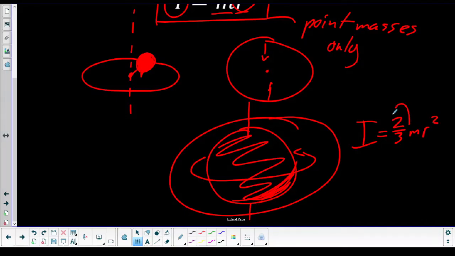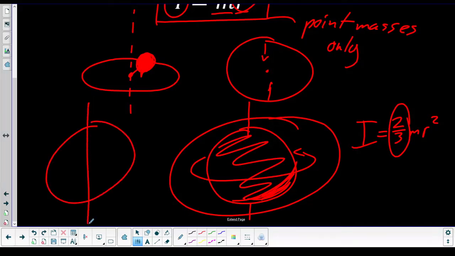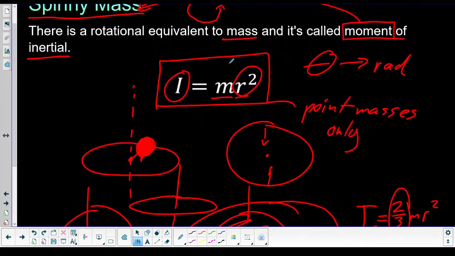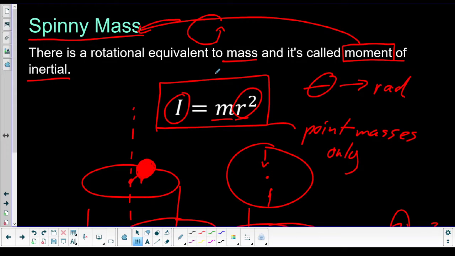And it's usually just a fraction times mr squared. And these fractions are generally less than 1. But it's different for different shapes. Like a sphere is different from a disc, and a disc spinning this way is different from a disc spinning that way, right? So it gets pretty mathy, but moment of inertia, it's how hard it is to spin stuff or make it spin faster or slower. Here's the equation for point masses. This will get us where we need to go for today.